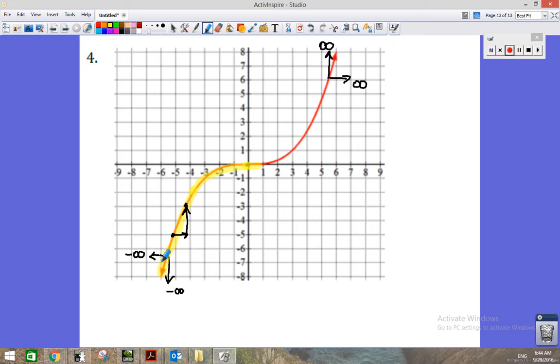So it's increasing very quickly, and it almost becomes constant, but it's still increasing slowly, and then all of a sudden it starts increasing very rapidly again. So we don't have any portion on this graph where it's decreasing, or any portion of this graph where it's constant.